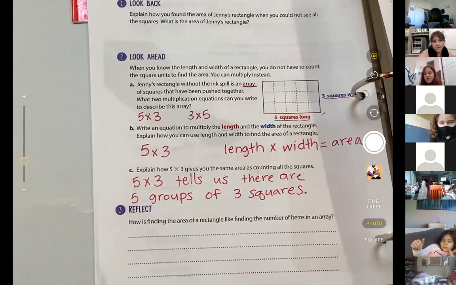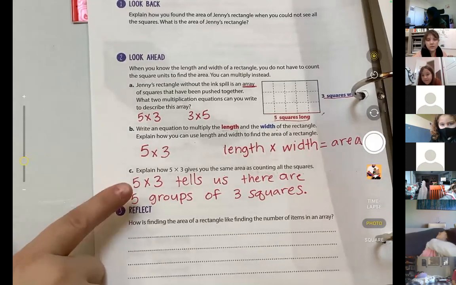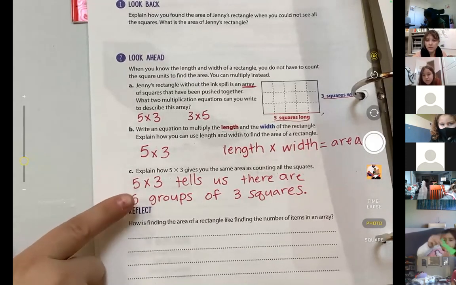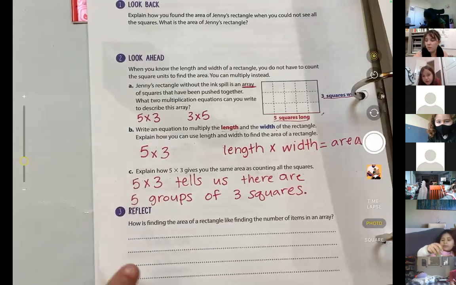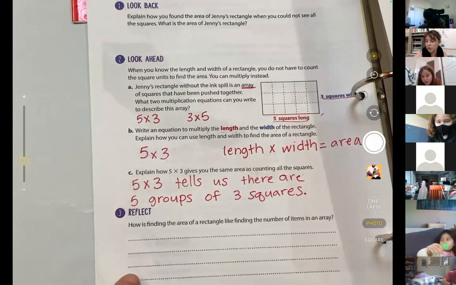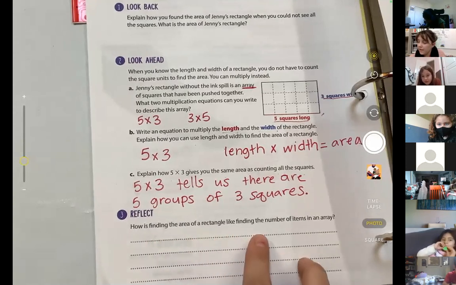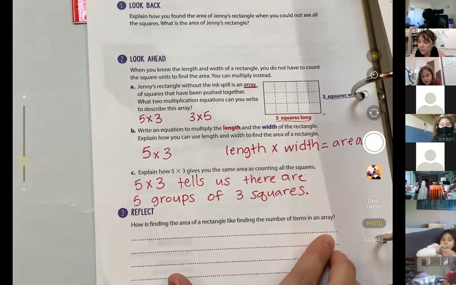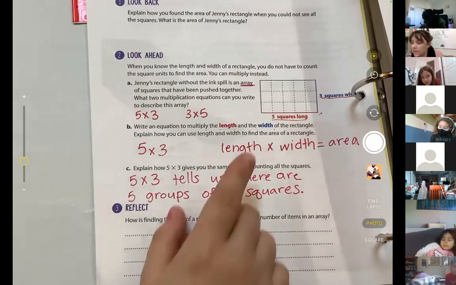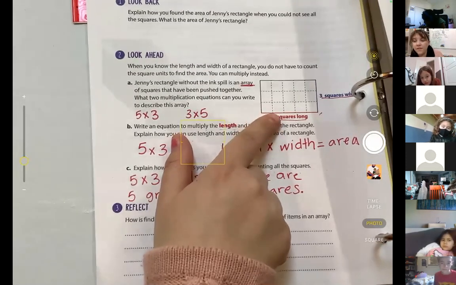All right, here's what I want you to do. If you're still copying this down, that's fine, keep copying it down. If you're done though, I want you to try and do the reflect question. How is finding the area of a rectangle like finding the number of items in an array? How is this like finding an array?